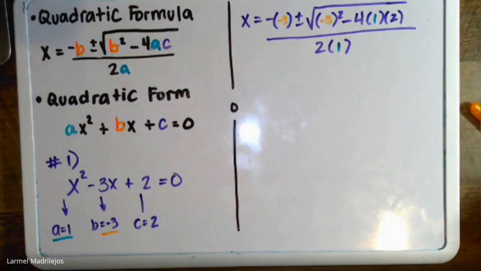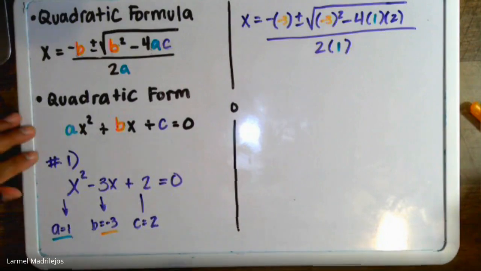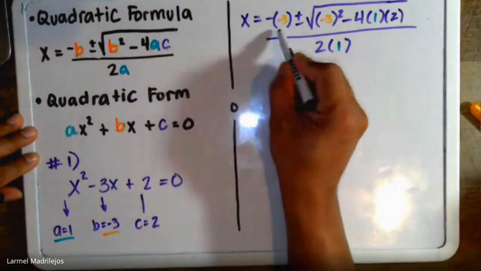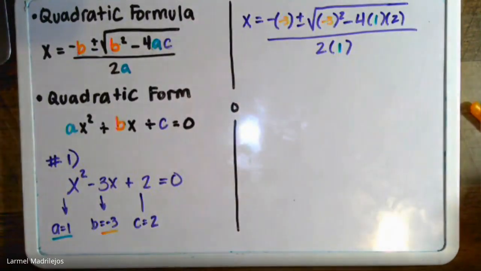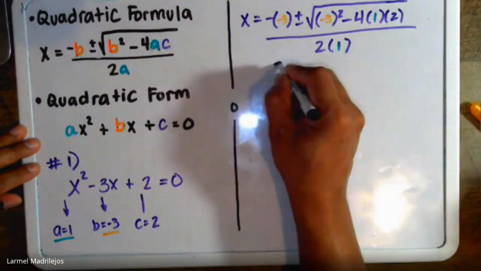First thing we need to do is evaluate everything. I mentioned earlier that if you see parentheses, it means you need to do multiplication. I'm going to start with this number here. Negative times negative 3 gives me a positive 3.